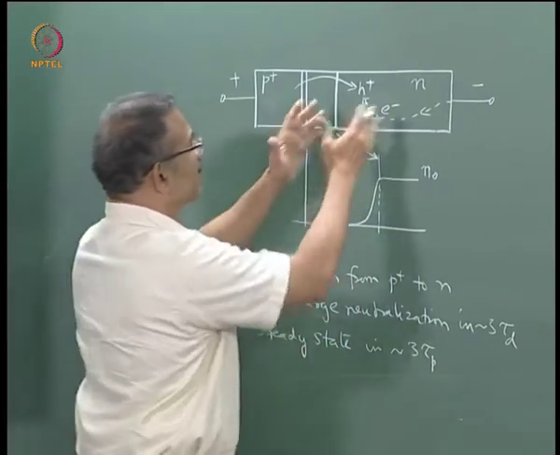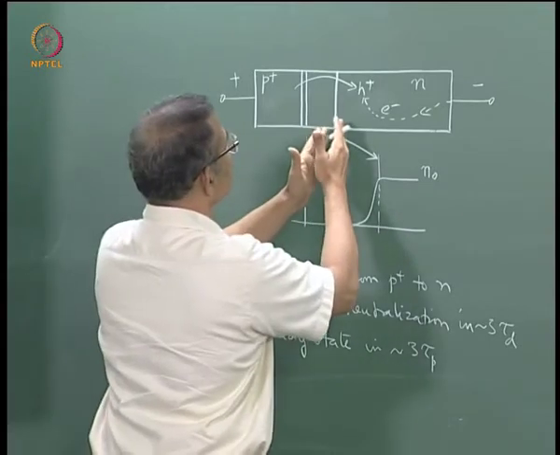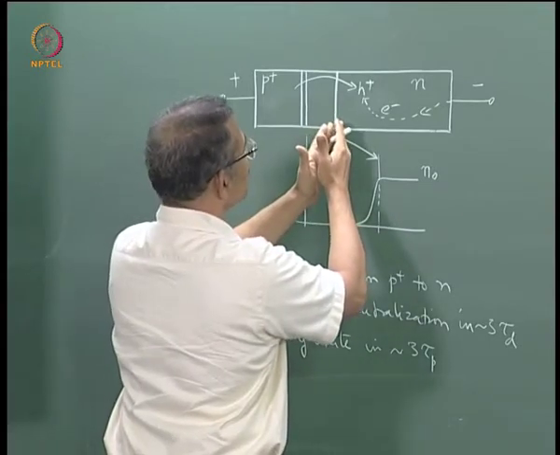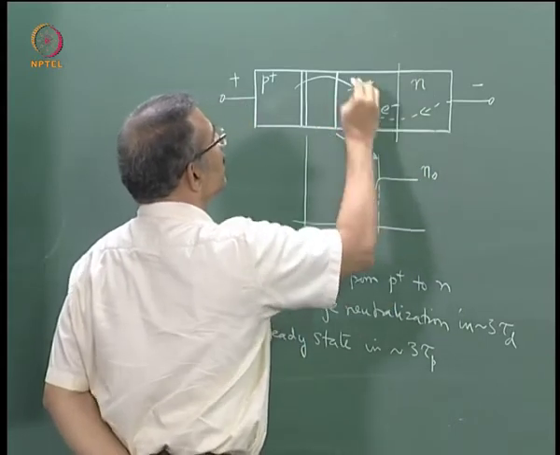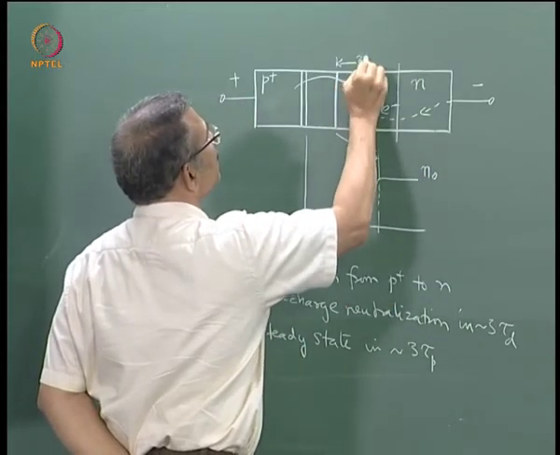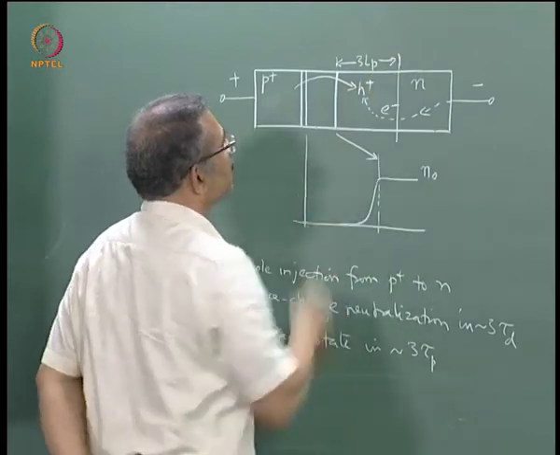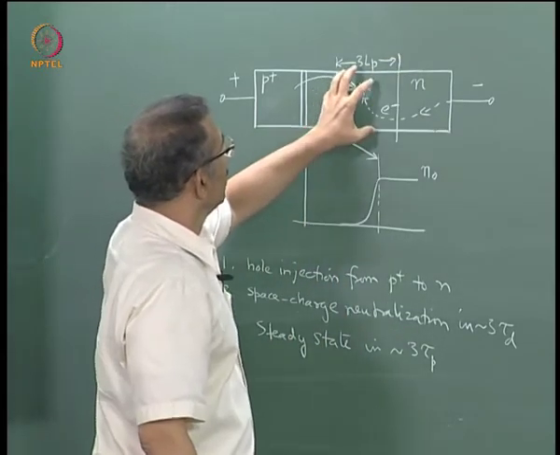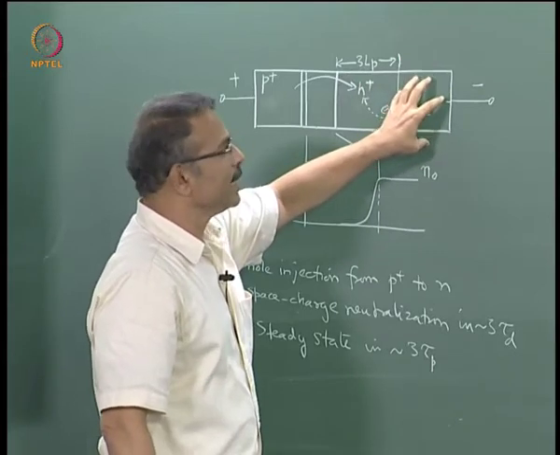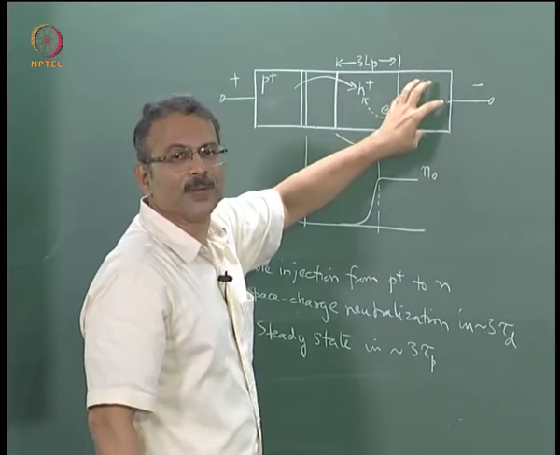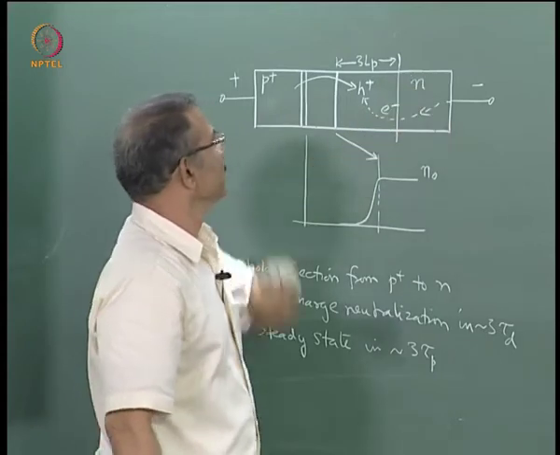Now once the steady state is reached, you will find that the excess electrons and holes decay over a length, and you know that this length is about 3 times the diffusion length of holes. So beyond 3 times the diffusion length of holes, you have no excess carriers, and the conditions there will be near equilibrium.